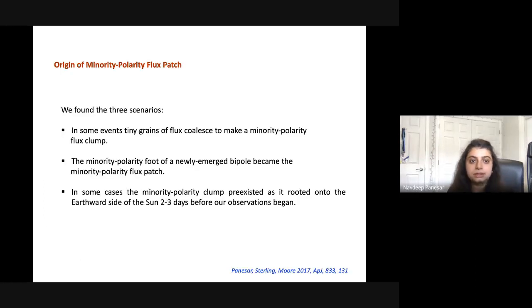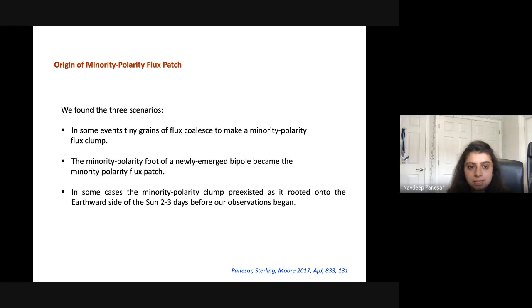Now the question is, where do these magnetic flux patches come from? We find 3 scenarios. In some cases, we find that tiny grains of flux coalesce to make a minority flux clump, and then that minority flux clump cancels with the neighboring majority flux, which is already there, and triggers the jet eruption.